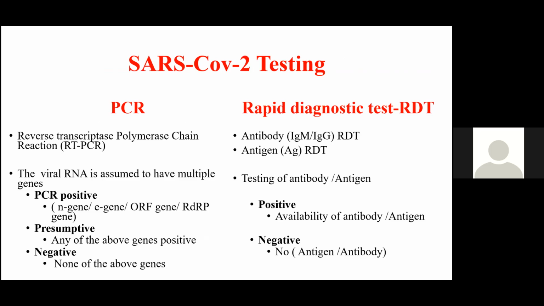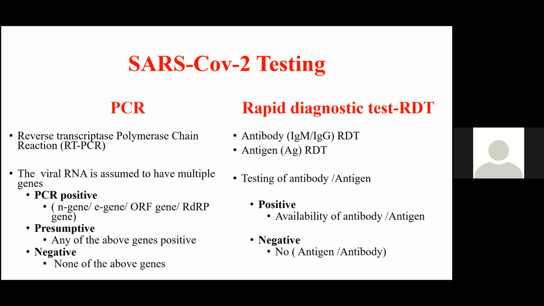As I was saying, PCR, which is reverse transcriptase polymerase chain reaction, will be either positive, presumptive, or negative. If it's positive, there are 4 genes that will be detected. And if all those genes are present, the test will be considered positive.